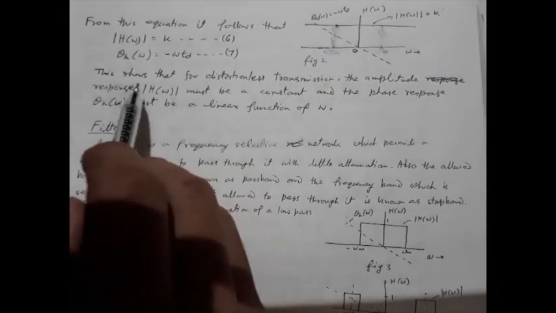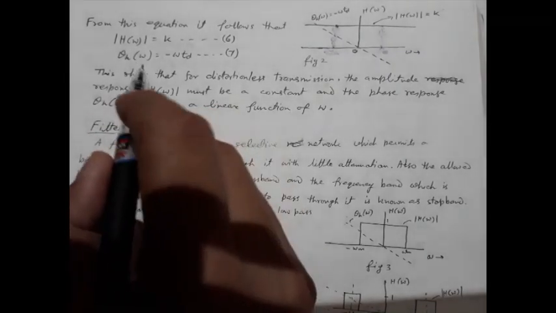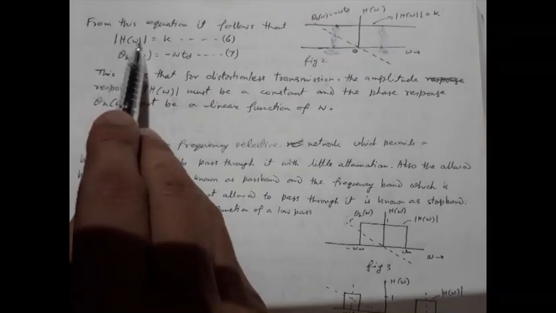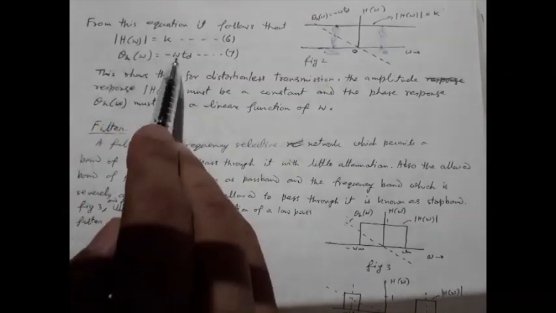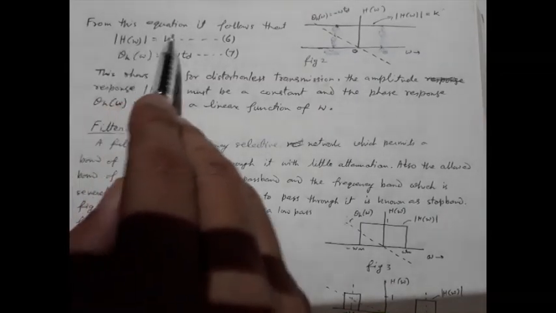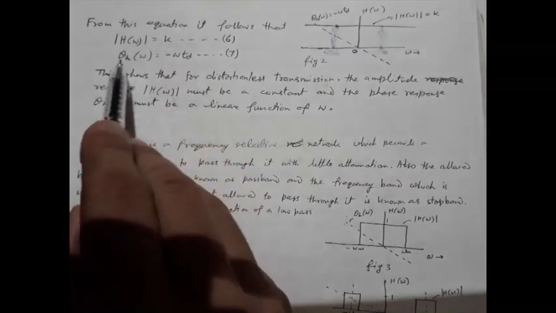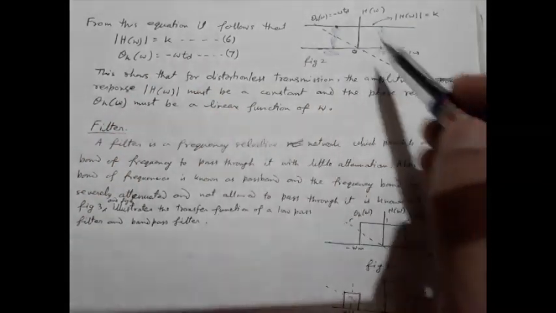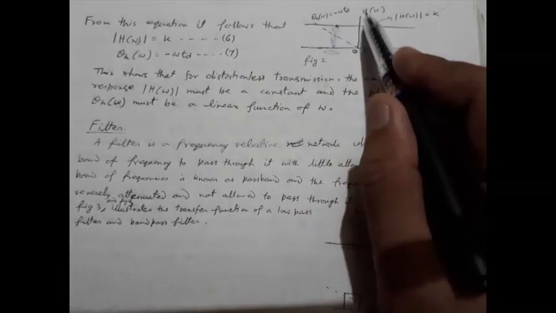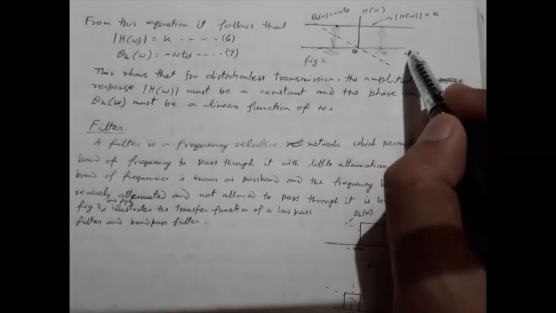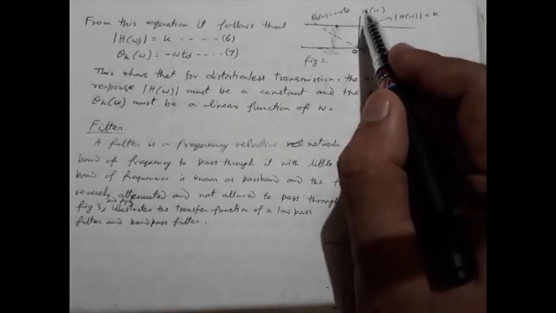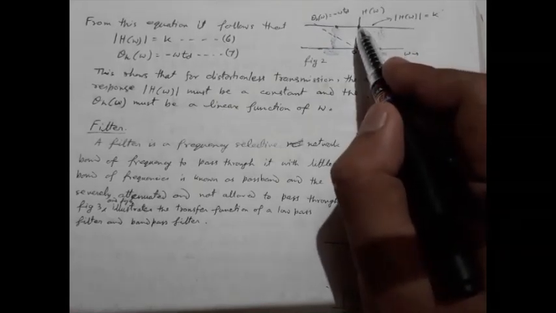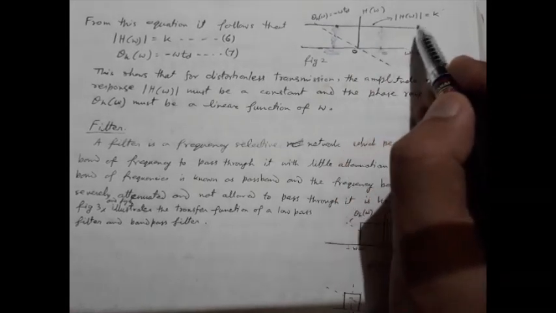Now if we divide this H(omega) into two sections, one is the magnitude part, another is the phase part, then the magnitude part will be k and the phase part will be minus omega td. So here the magnitude is plotted against omega and the magnitude is k, so it is this horizontal line.